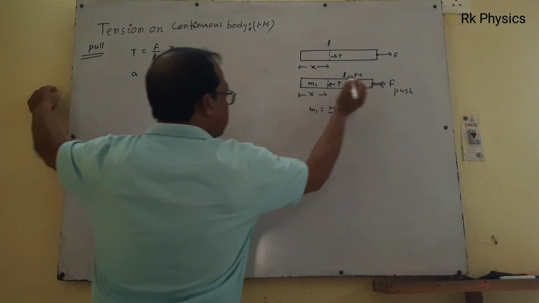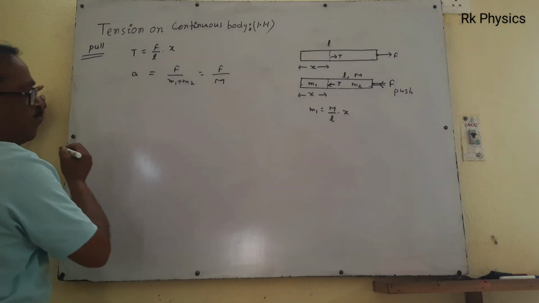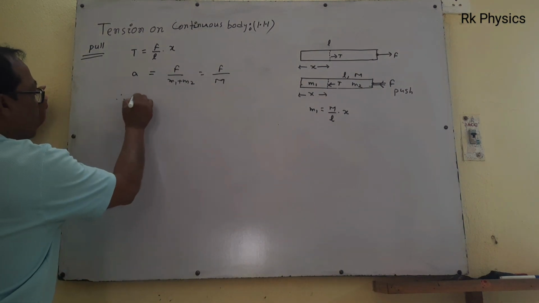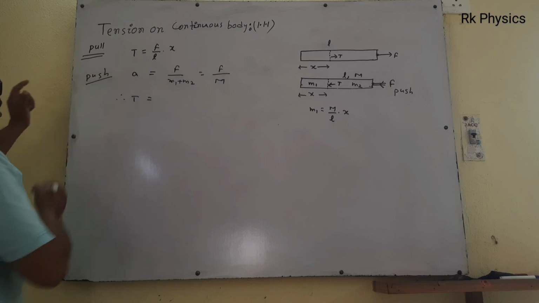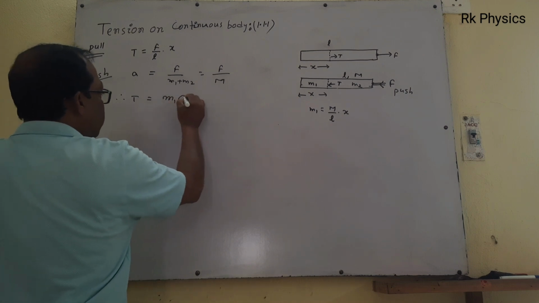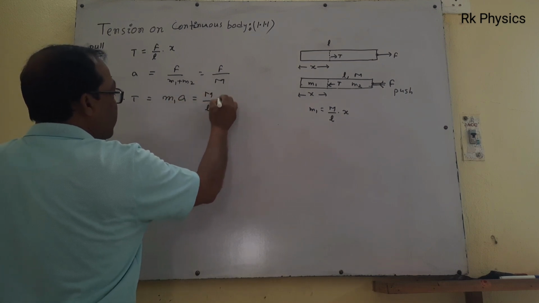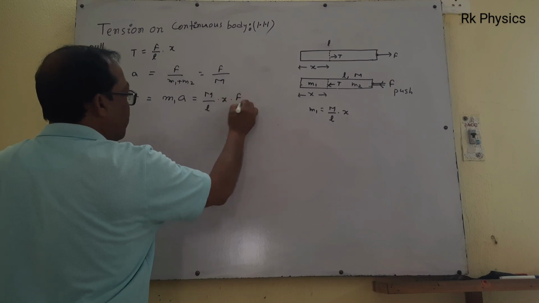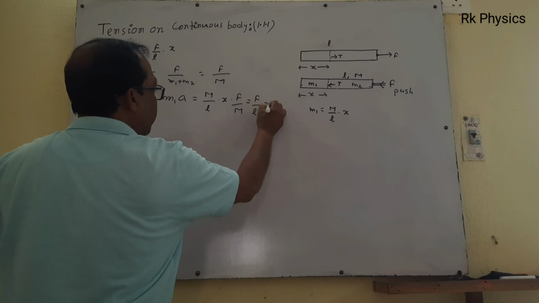This section is mass M2, that is F divided by M. So therefore, what is T in case of a push? That is M1 into A. M1 is M by L into X into F divided by M, that is F by L into X.